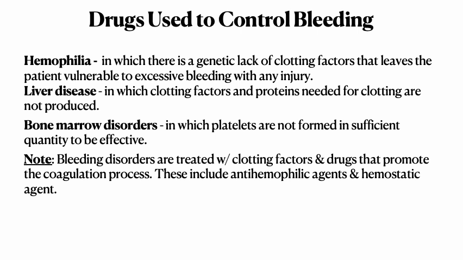On the other end of the spectrum of coagulation problems are various bleeding disorders. These include hemophilia, in which there is a genetic lack of clotting factors that leaves the patient vulnerable to excessive bleeding with any injury; liver disease, in which clotting factors and proteins needed for clotting are not produced; and bone marrow disorders, in which platelets are not formed in sufficient quantity to be effective.